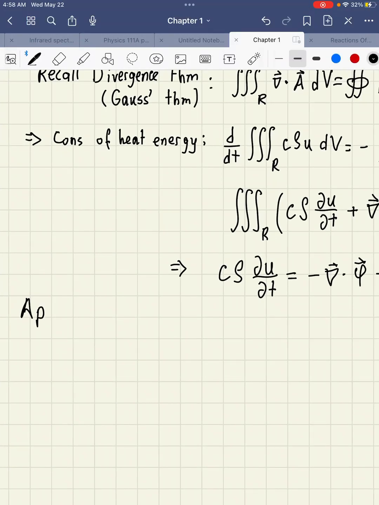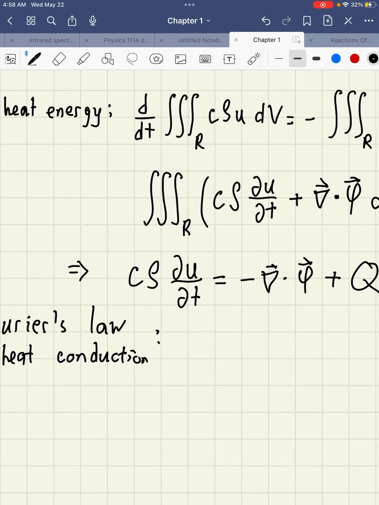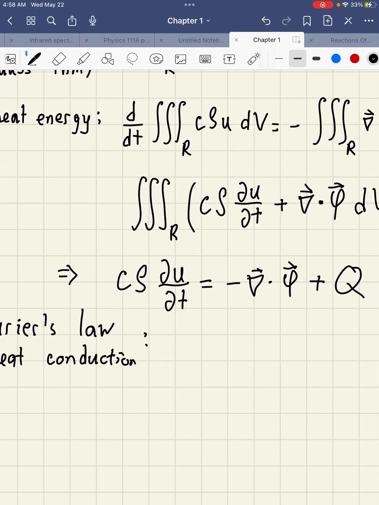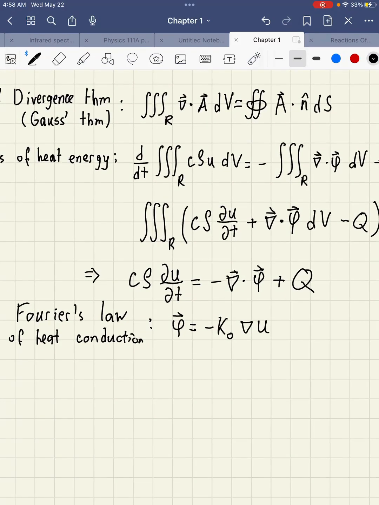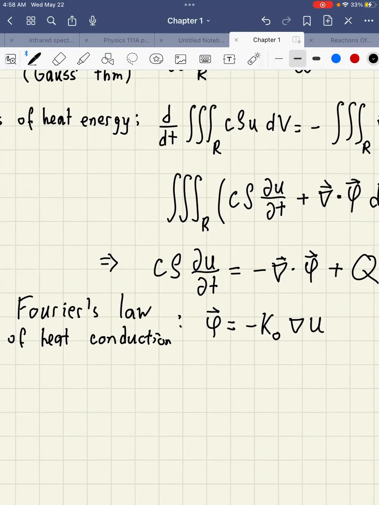So therefore, apply Fourier's law of heat conduction. Therefore, phi is equal to negative k0 times the gradient of my scalar u. Now I can substitute this into my equation.